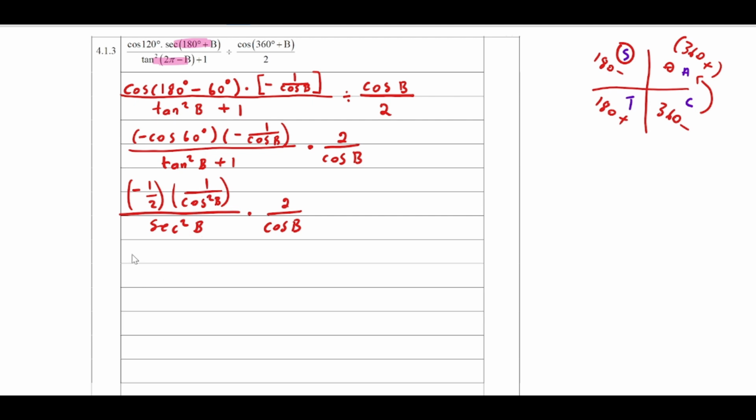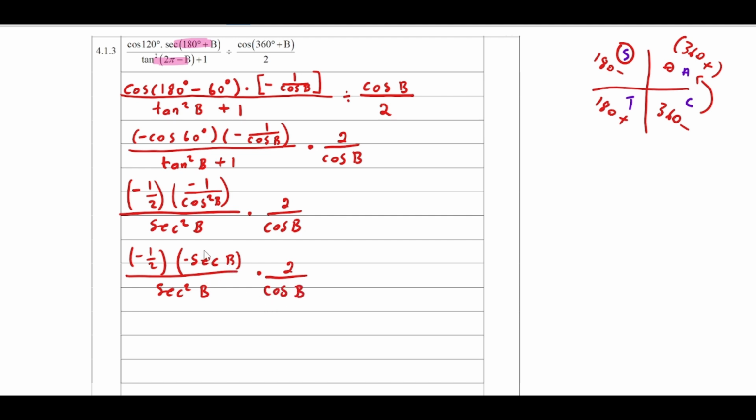So I'm going to have negative 1 over 2 into 1 divided by, no, this one you just write it as sec of b. Remember the negative sign, we put the negative sign there. Okay, all divided by sec squared of b, multiply that by 2 divided by cos of b.